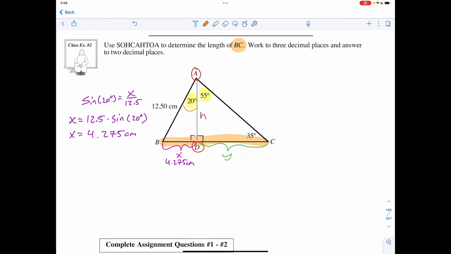To solve for my height, I'm going to use cos. And my height is going to equal my hypotenuse, 12.5, times cos of the same 20 degrees. And my height is going to be approximately 11.746 centimeters. Once again, rounding past what I'm requiring for the final answer.